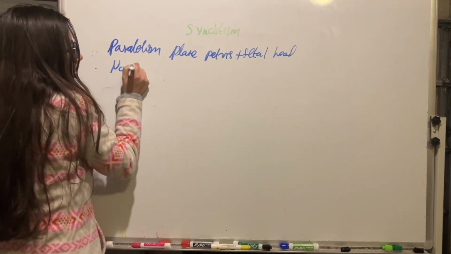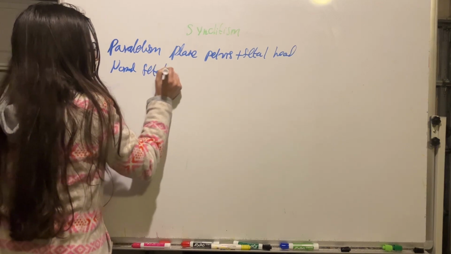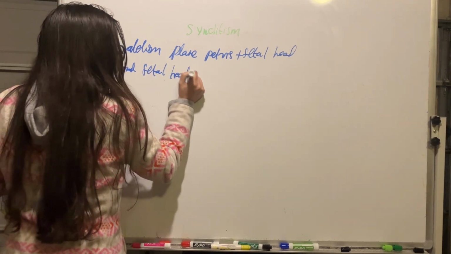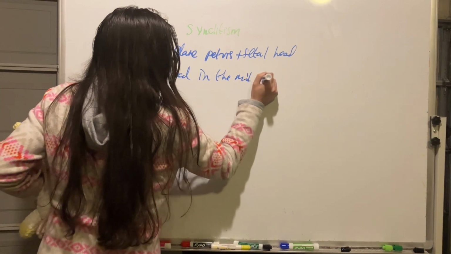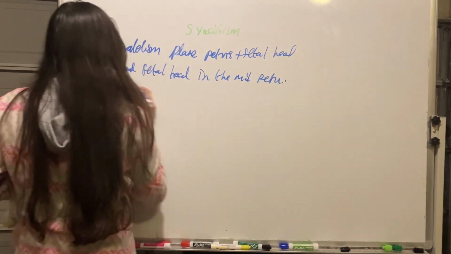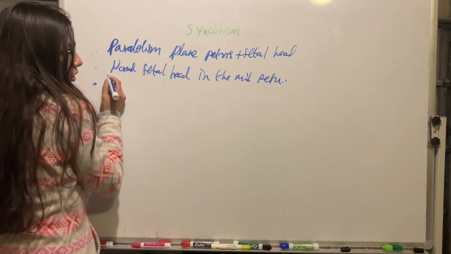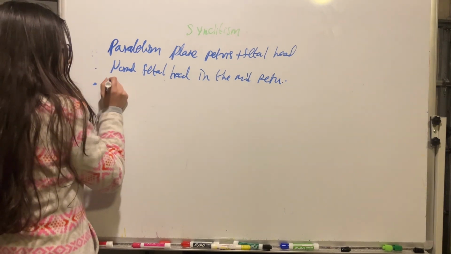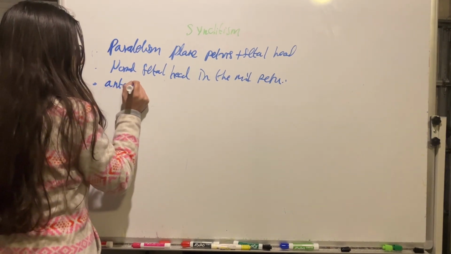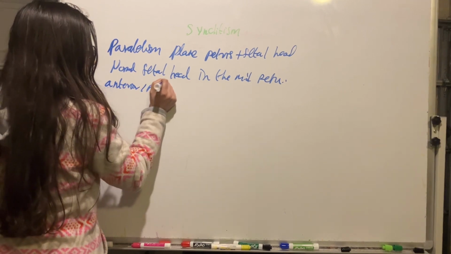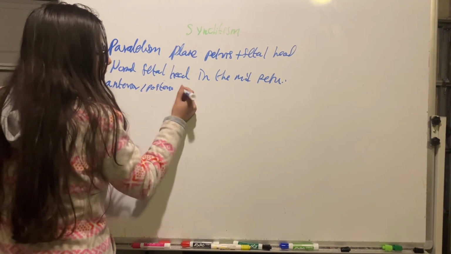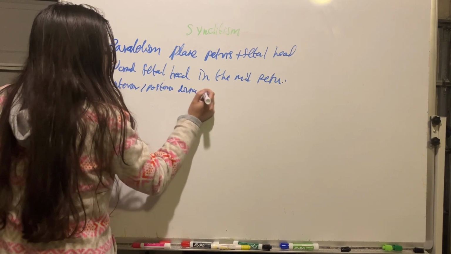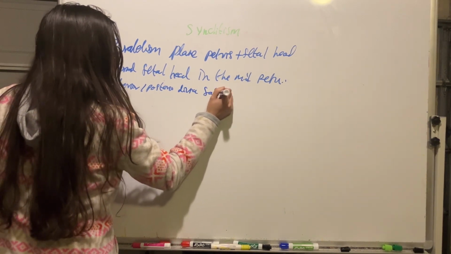Normally the fetal head should be in the plane of the mid pelvis, but here what happens is we have an anterior or a posterior inclination or deviation of the sagittal suture.